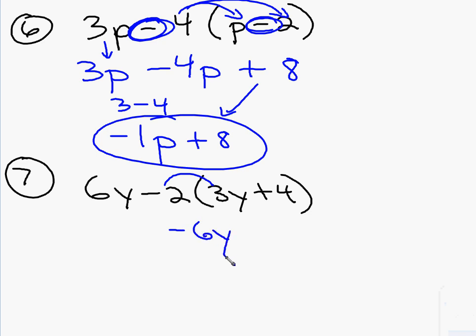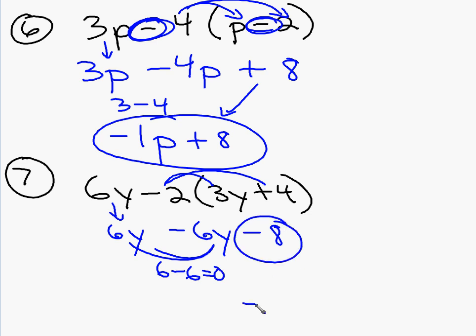Negative 6y, negative 2 times positive 4 is negative 8. I bring down this 6y, and I combine these two like terms, which is just 6 minus 6, which is 0. Now, we don't normally write 0y. We just leave it off. So the only thing that's left is negative 8.